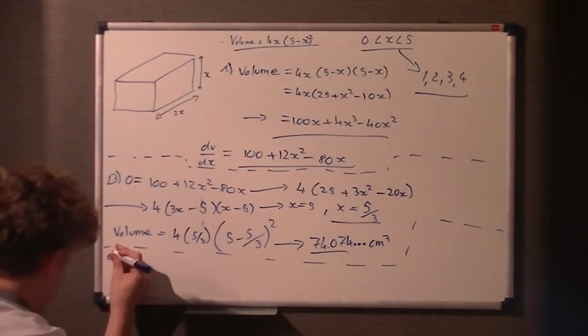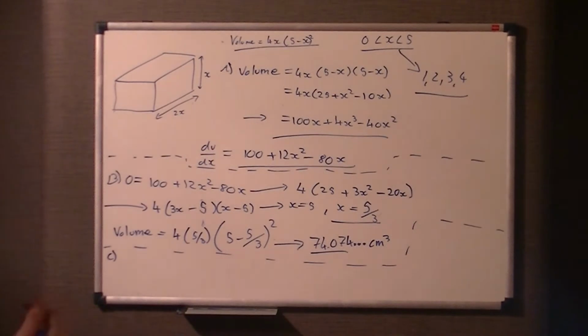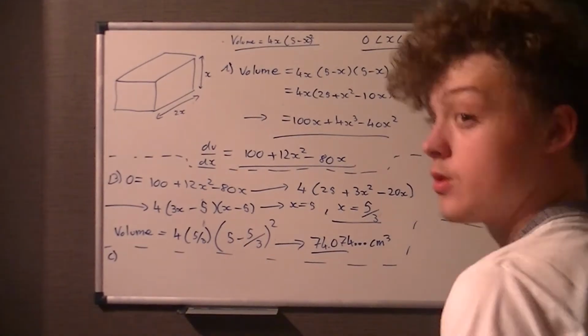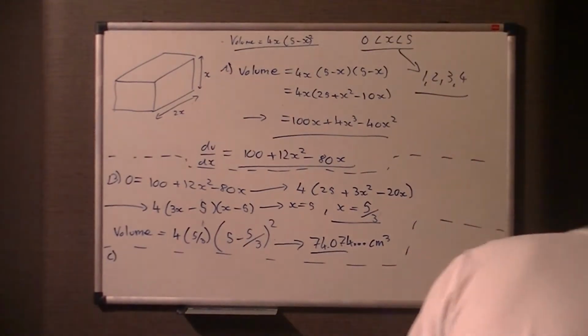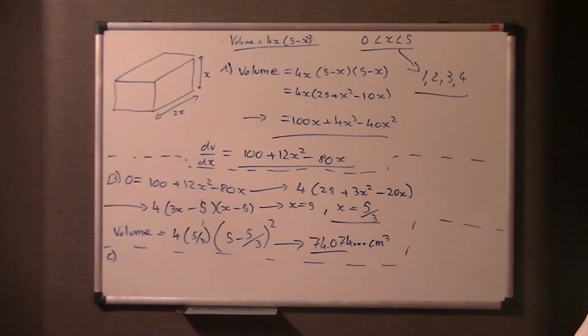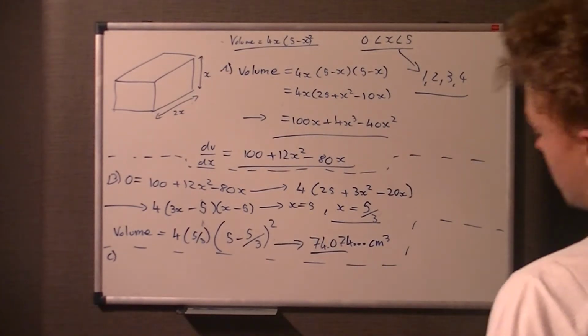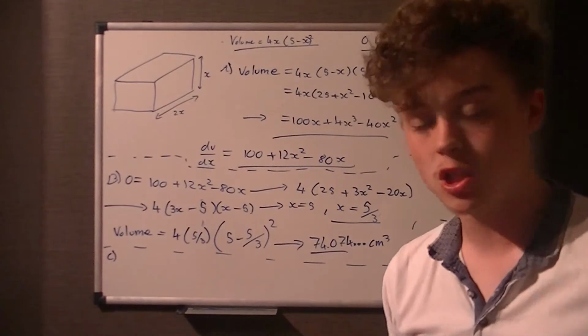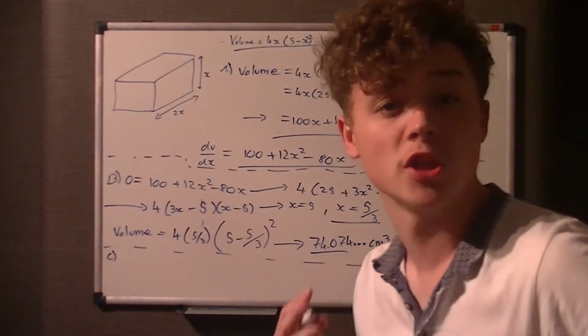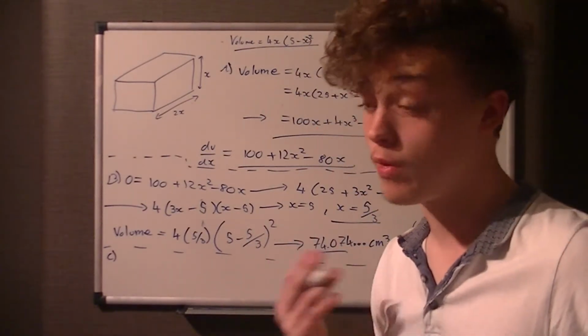So C, the last part of the question, it says use calculus to justify the volume that you found in part A is a maximum. Now, when we talked about finding maximums before, we talked about differentiating twice so you get the second derivative.